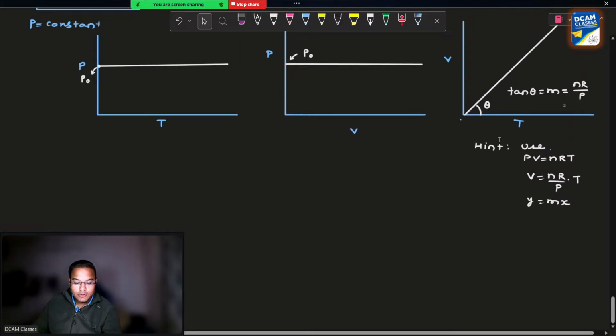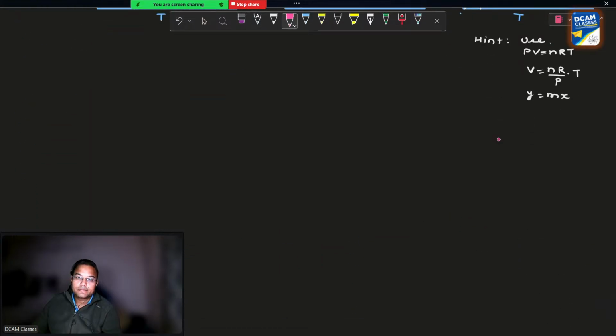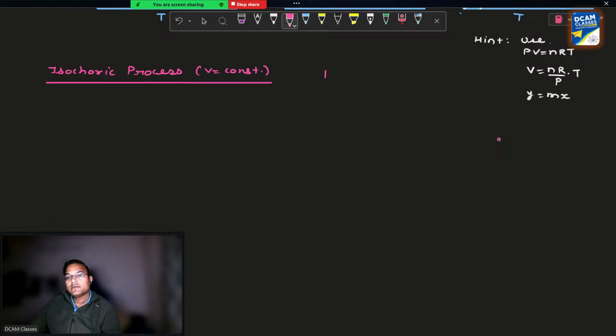Now let's move on to the different process. Second process is what? Isochoric. Now you have to tell me what should be the different things for this. V is equal to constant. Now let's start with this. PV is equal to nRT.